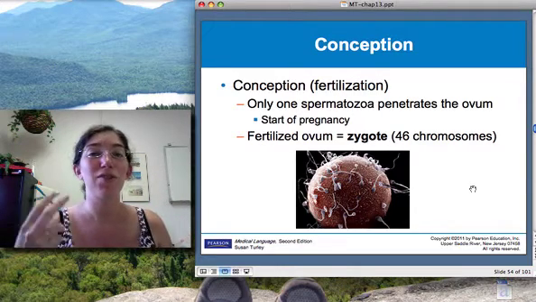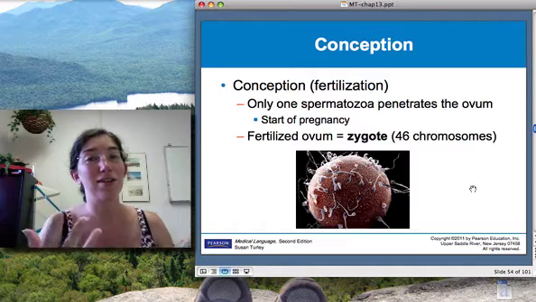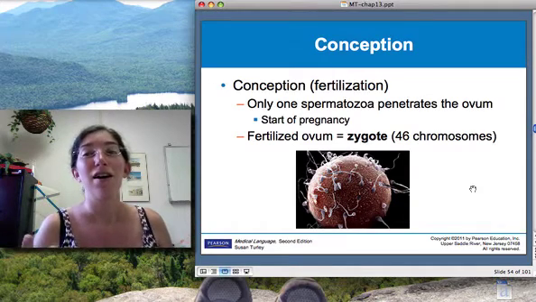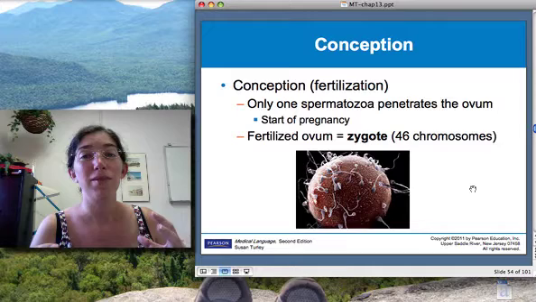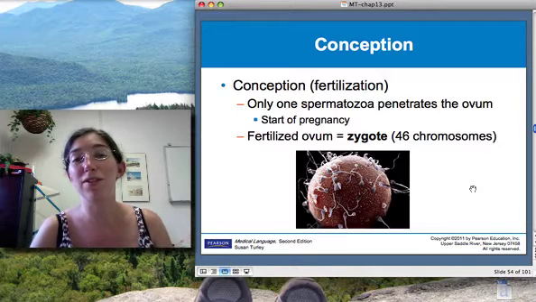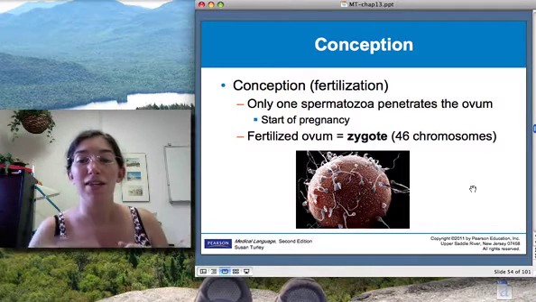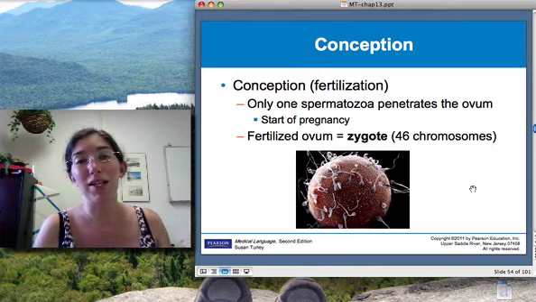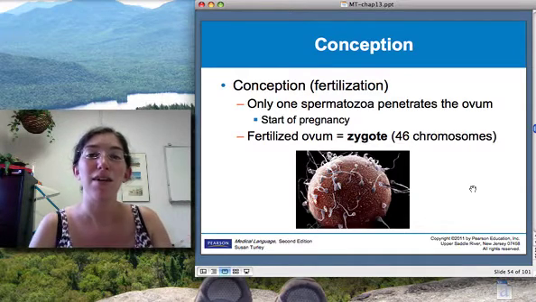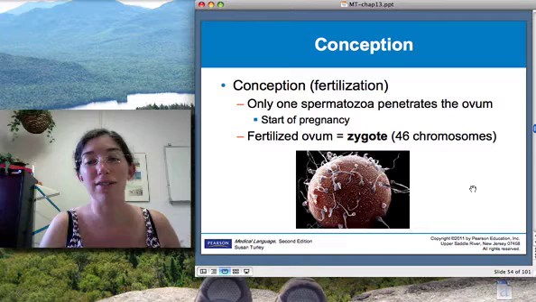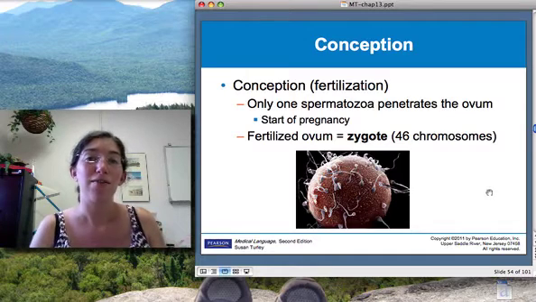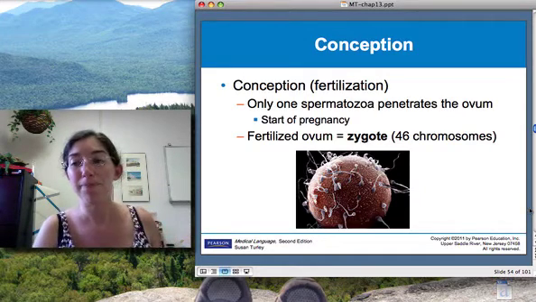As humans, we have two sets. An adult has two sets of 23 chromosomes, for a total of 46 chromosomes. The egg and the sperm each carry their own 23, and then when they fuse, they form a zygote that now has 46 chromosomes. One set from the dad, one set from the mom.